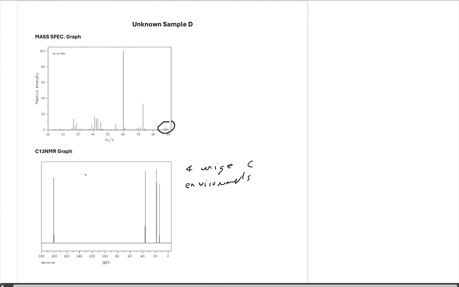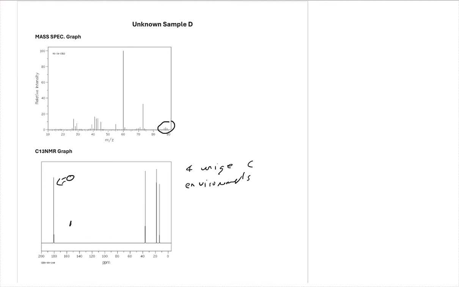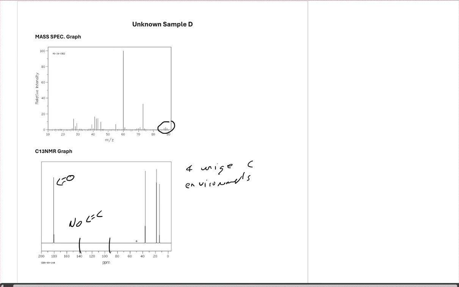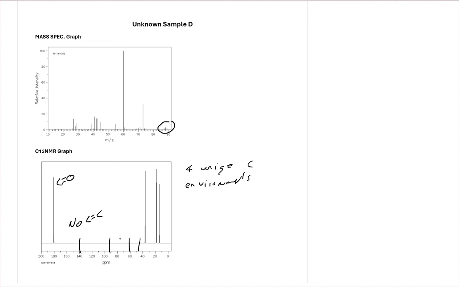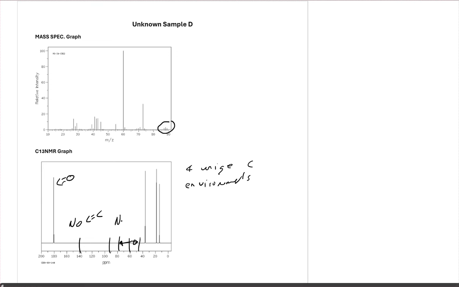Okay, so of course this one here is going to be the carbon double bond oxygen. There is no carbon double bond carbon, because that would be within this region here. And no carbon to oxygen bond either.